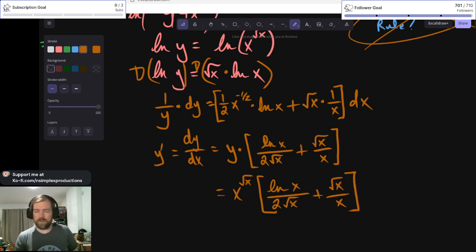And in theory, if you really wanted to, you could rationalize the denominator, do all that cool stuff. In this particular case, sure, why not? This could be multiply the first one by root x over, no, root x over root x.